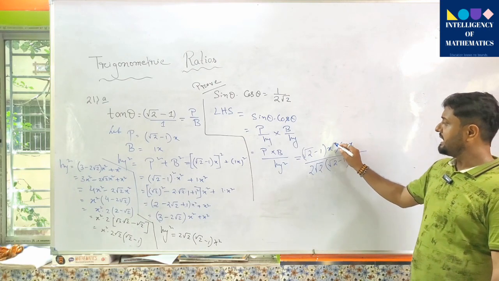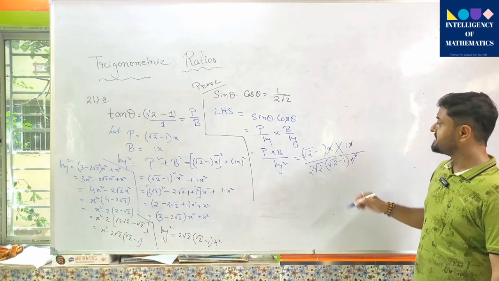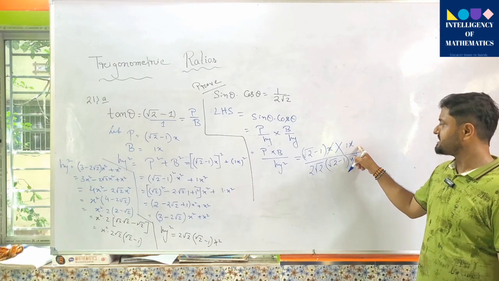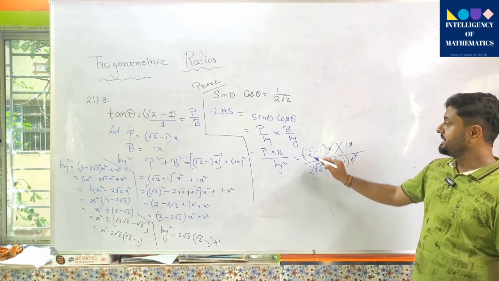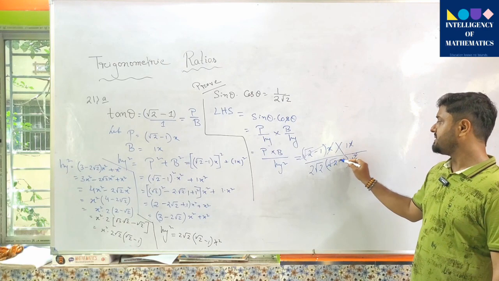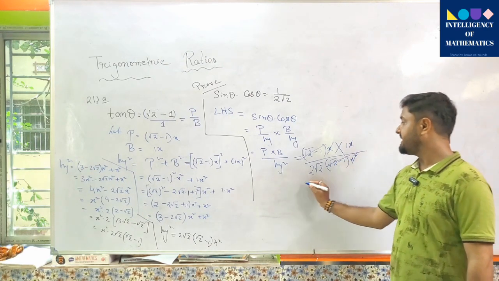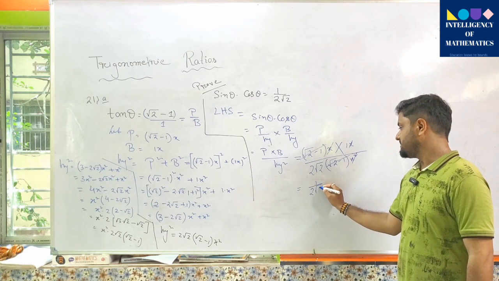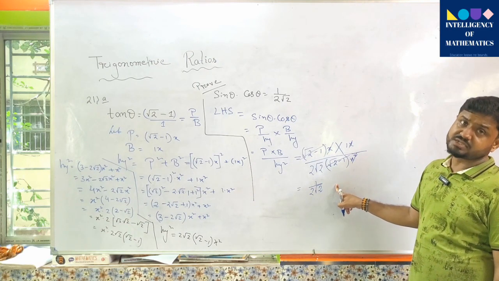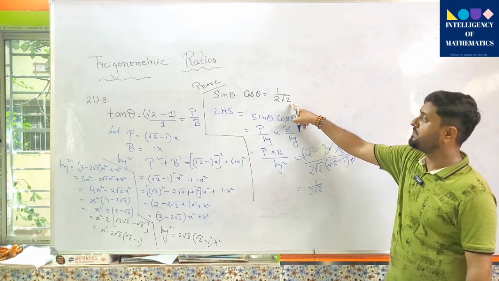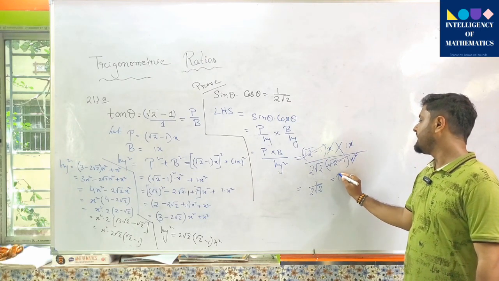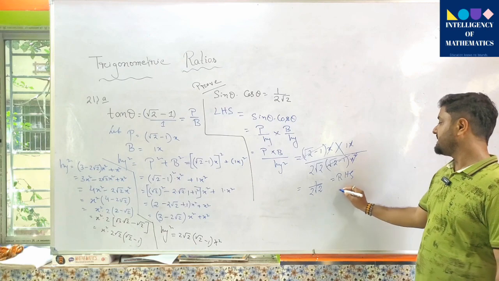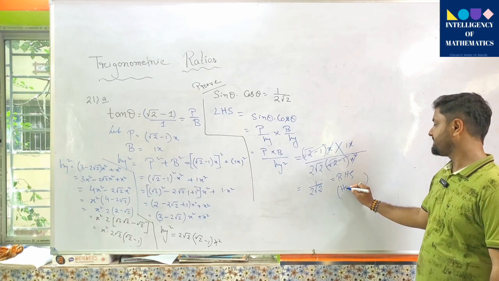This x square and this x multiplication, x into x, cancel with the x square, and this bracket part also cancels. So the final value of this LHS is coming 1 by 2. And that is only what was asked to prove. So we have proved it. So we'll write equals to RHS, and in bracket you will write hence proved.